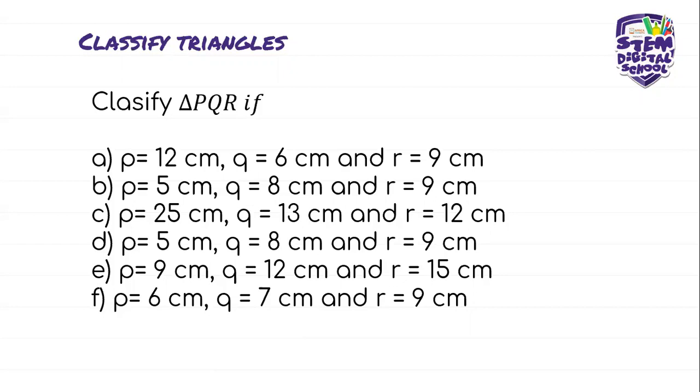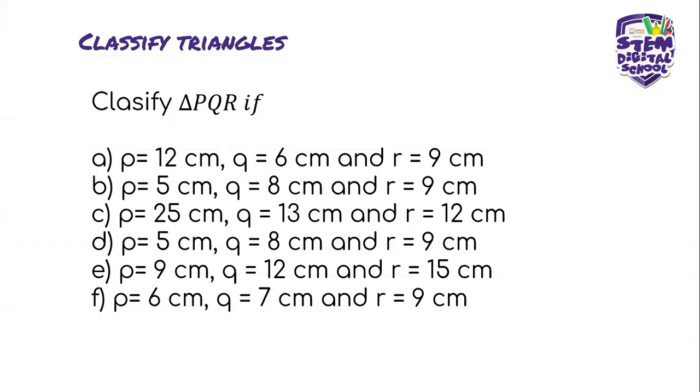And then 9 squared equals 81, 8 squared gave me 64, and 5 squared gave me 25. And then when I calculated it, 81 is not equal to 89. How did I get the 89? I said 64 plus 25, and it gave me 89. So 81 is not equal to 89.